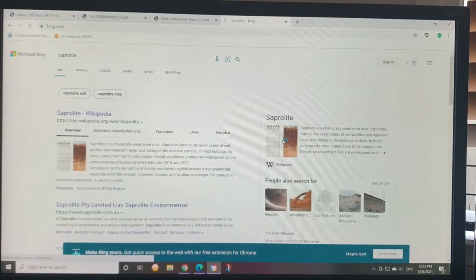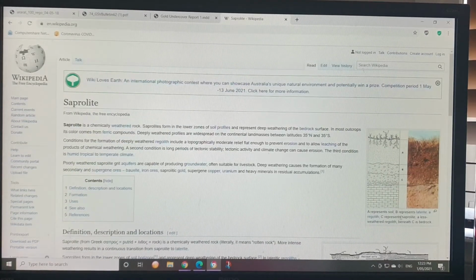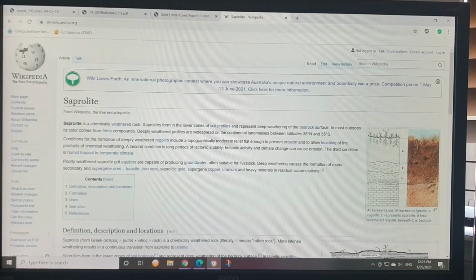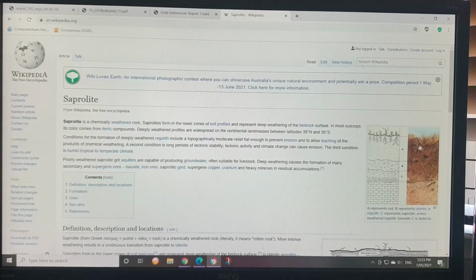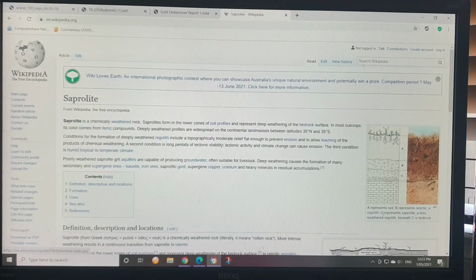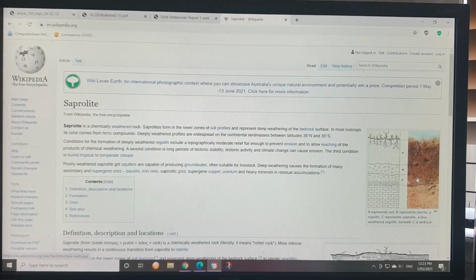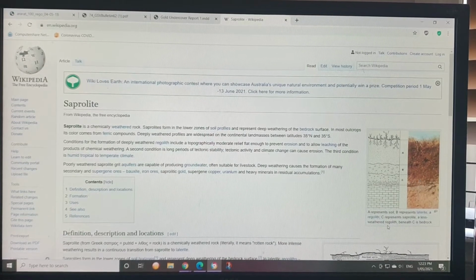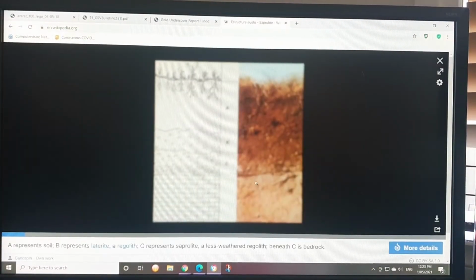Okay, so look at the actual picture. Laterite is B, A is the regolith, C represents saprolite, so it's the first stage of the weathering of the rock. Beneath C is bedrock.